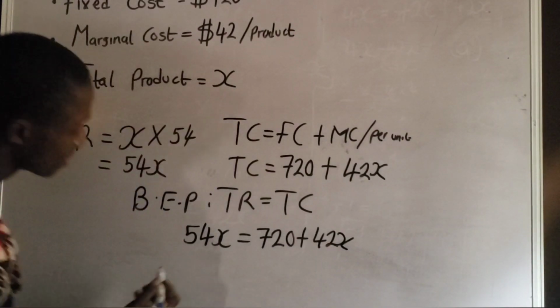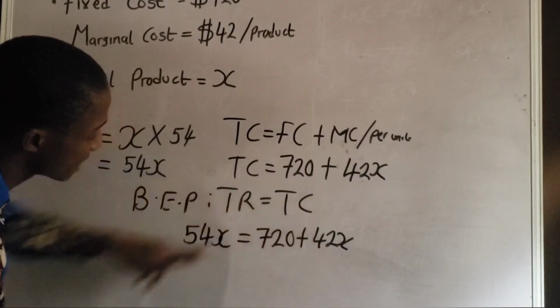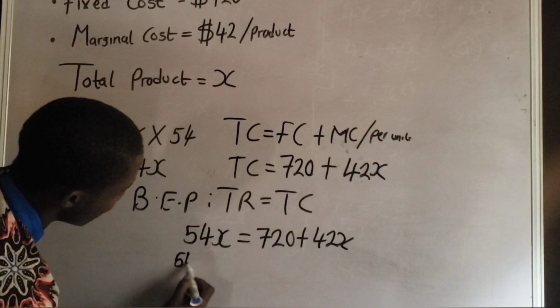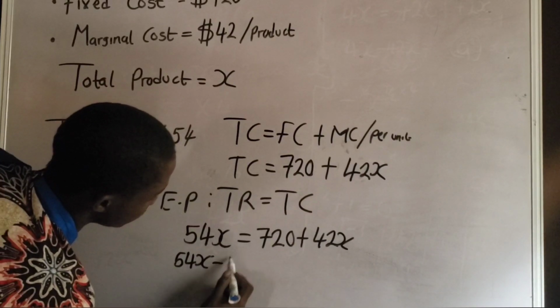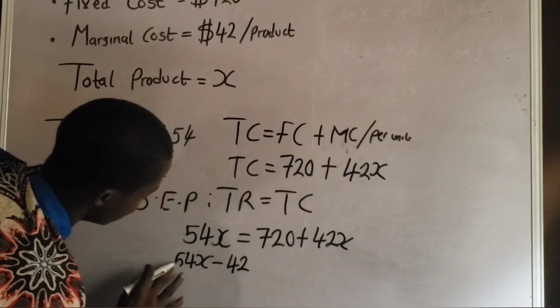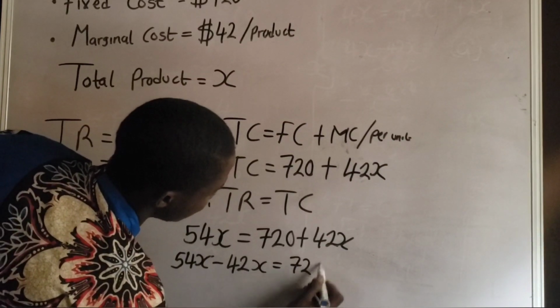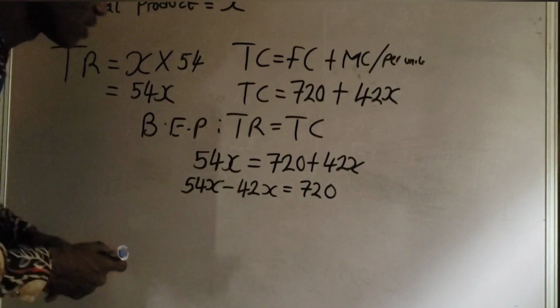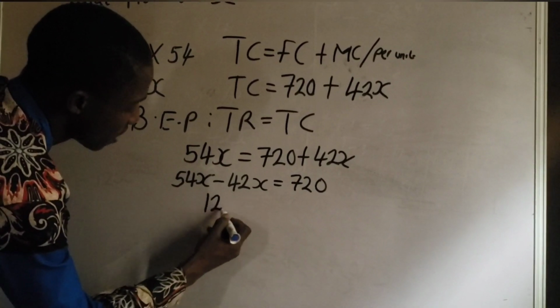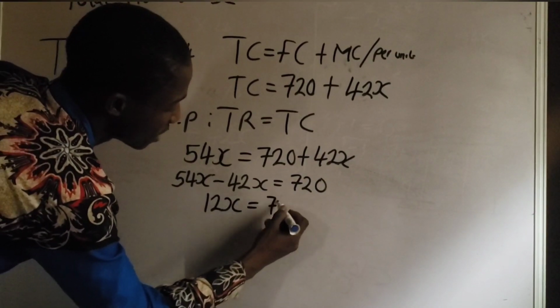Collecting like terms, 42X moves to the left hand side. I'm going to have 54X minus 42X is equal to 720. 54X minus 42X is 12X. So 12X is equal to 720.